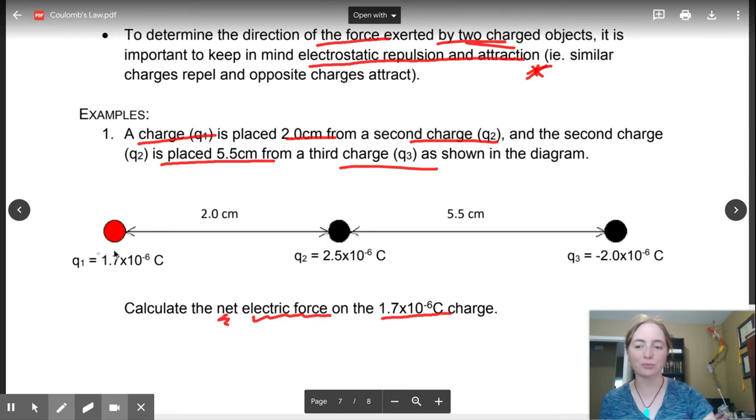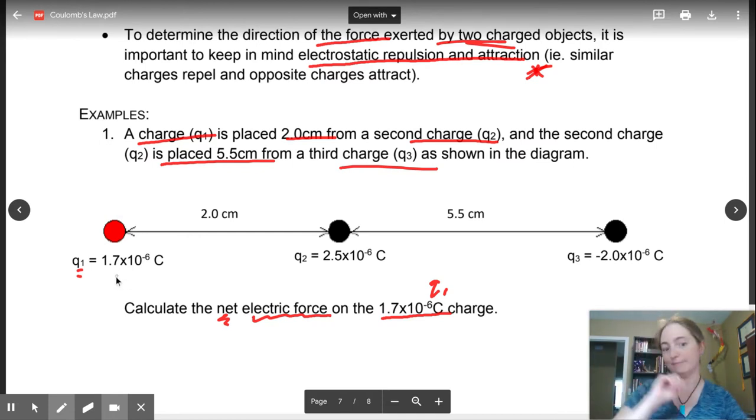That's this red one here, Q1. So the net force on Q1. Q1 is where we're going to be doing all of our focusing. We're not worrying about the impact that Q2 and Q3 have on each other, as we are worried about Q1.